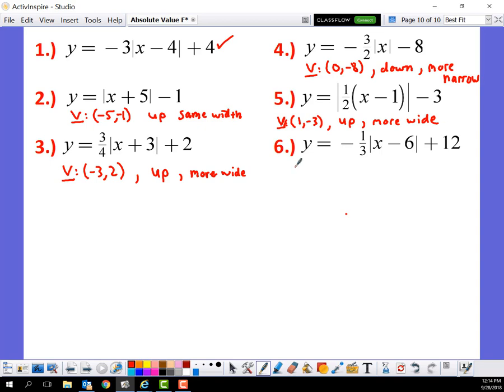And number 6, the vertex was at 6, 12. This is going to open down because of the negative lead coefficient. And the slopes would be +1/3 and -1/3, which would be more wide than the parent function.